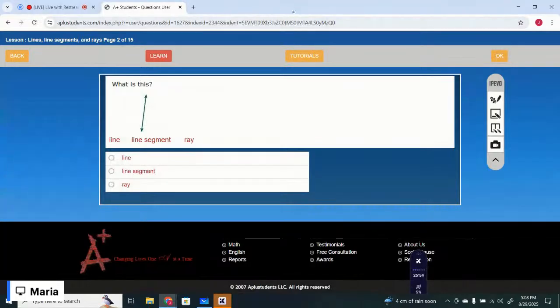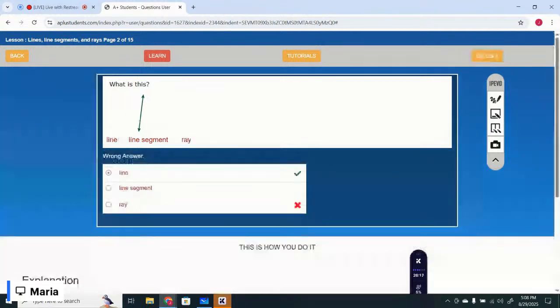What is this? Line, line segment, and ray. That is a ray. Option number 3 is the correct option. Oh, that is a line.